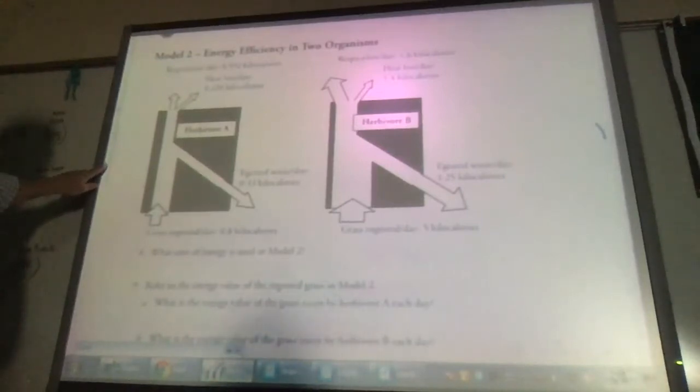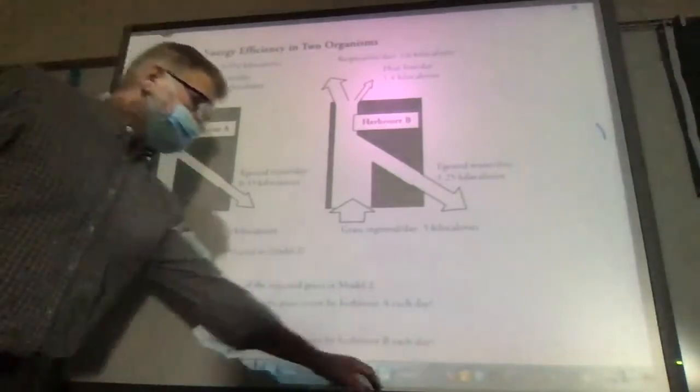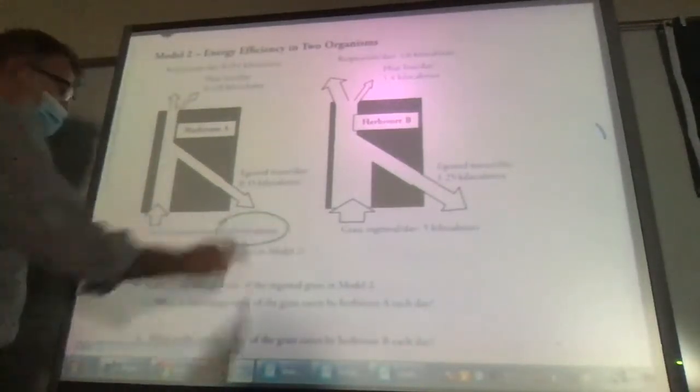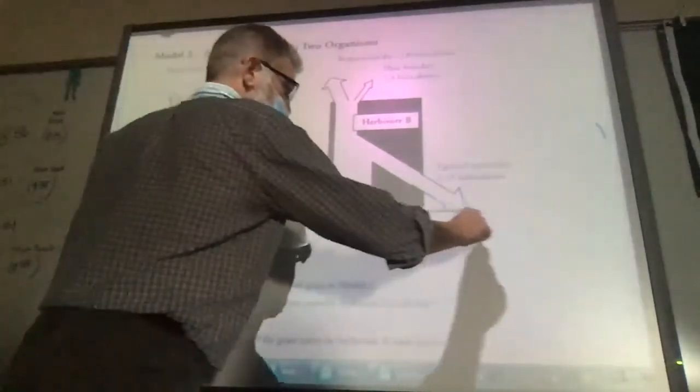Then it asks, what is the energy value of the grass eaten by herbivore A? So A is eating how much? A is eating 0.8 kilograms, and B is eating 5 kilograms. Which one's eating more? B. B's eating 5 versus 0.8.